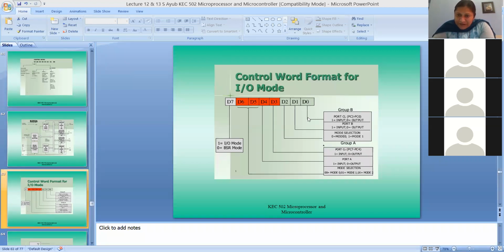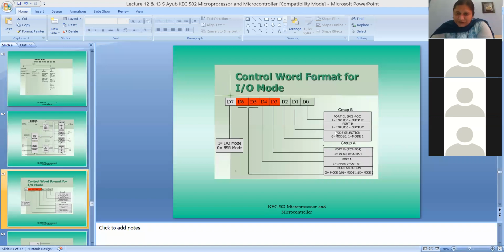So D0 bit is assigned for port C lower. Port C lower is the combination of lower 4 bits, that is from PC0 to PC3. So if this bit is 1, then port C lower is assigned as input port. If this bit is 0, then port C lower is assigned as output port. Similarly, D1 is for port B. If this bit is 1, then port B is input.